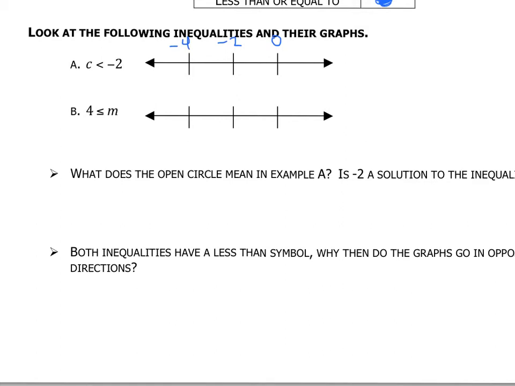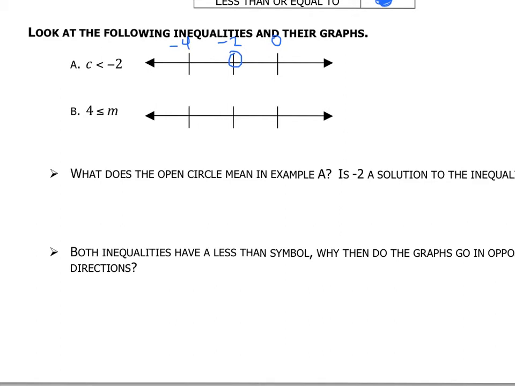Is it a closed dot or an open dot? Because c is less than -2, it can't actually be -2, because -2 is not less than -2. So we put an open dot, which means it's less than -2 but not including -2.